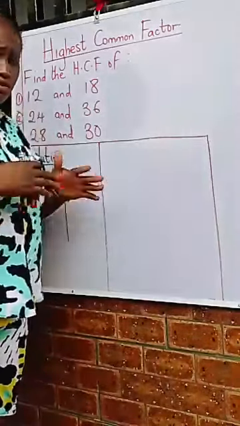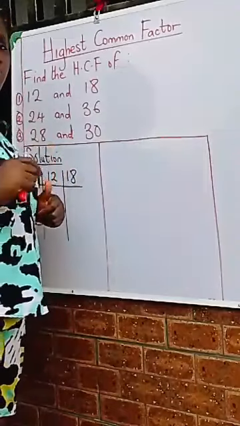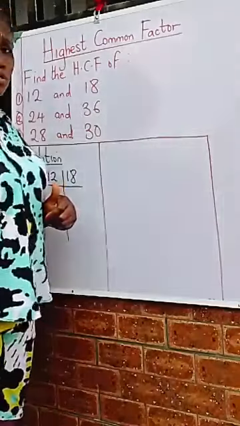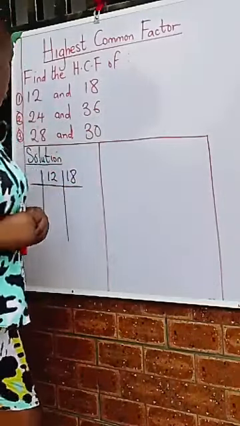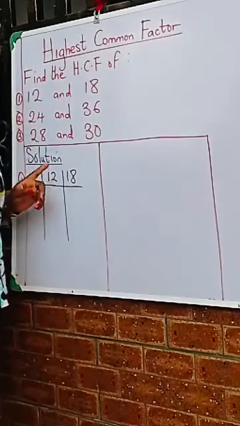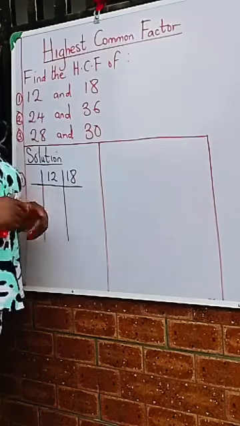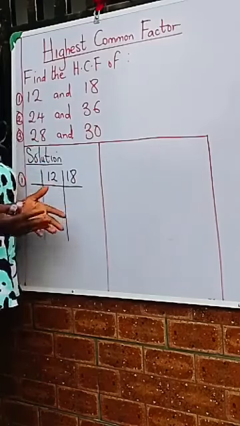But when you're dealing with HCF, any number you pick must divide through the numbers you're given at the same time. So let's think of a prime number that can divide 12 and 18 at the same time. Looking at them, they are even numbers, which means 2 can go through.